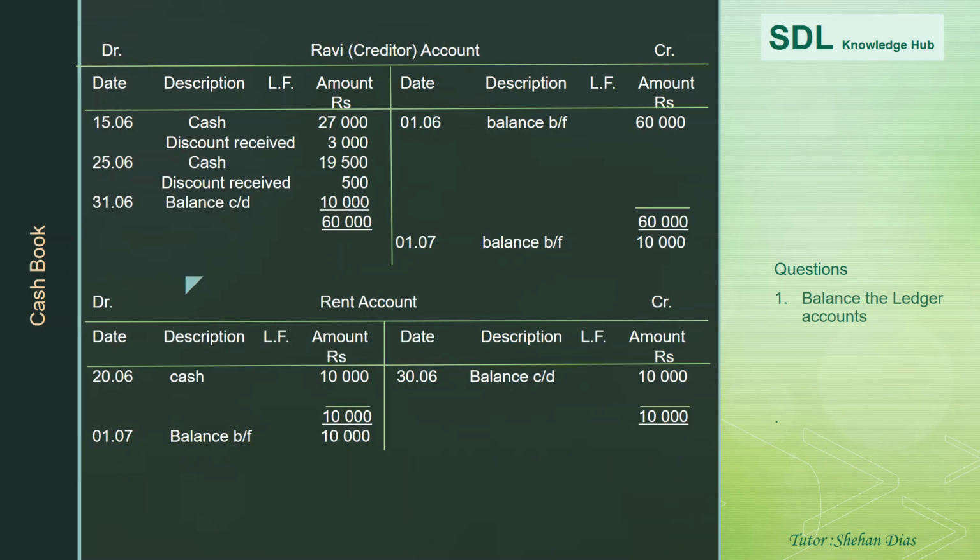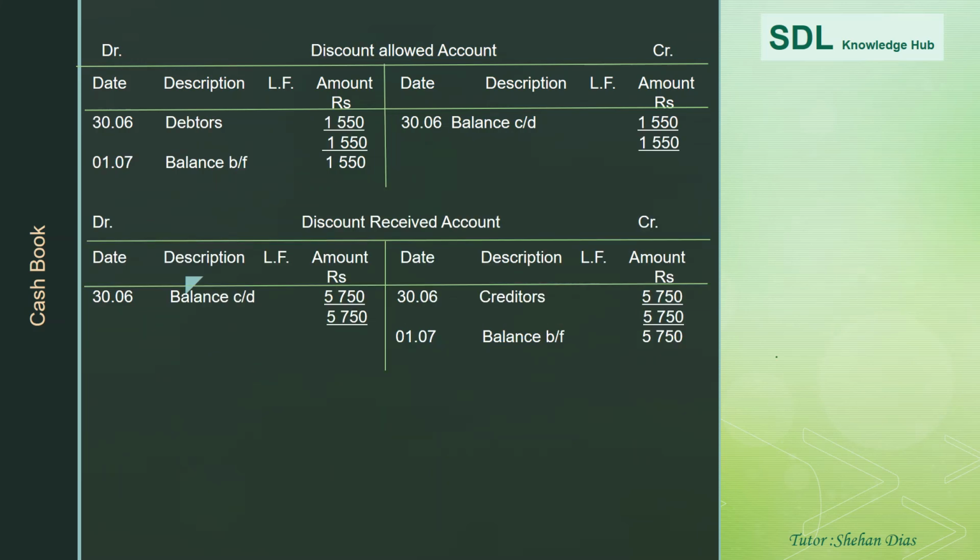Finally, there are two more things to be done. We have to record the discount allowed and discount received in ledger accounts. Since the discount allowed and discount received columns are memorandum accounts, they are not ledger accounts. So take the totals of discount allowed and discount received. The discount allowed total comes to 1,550.